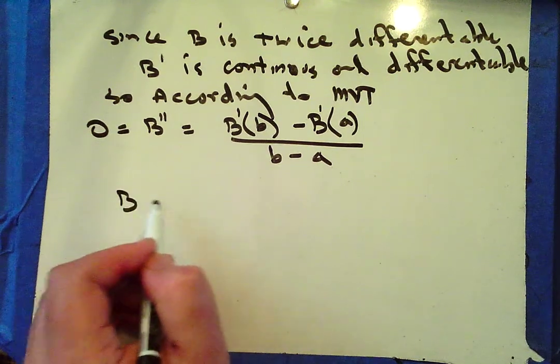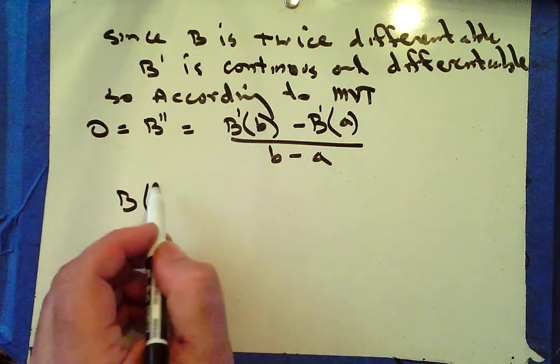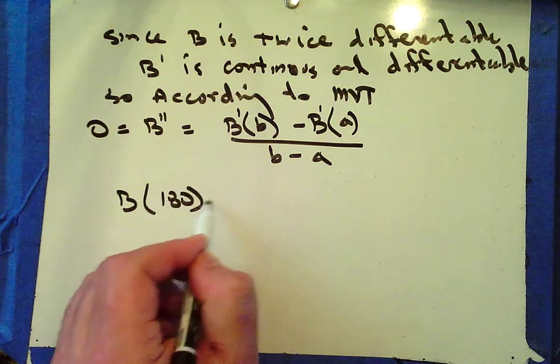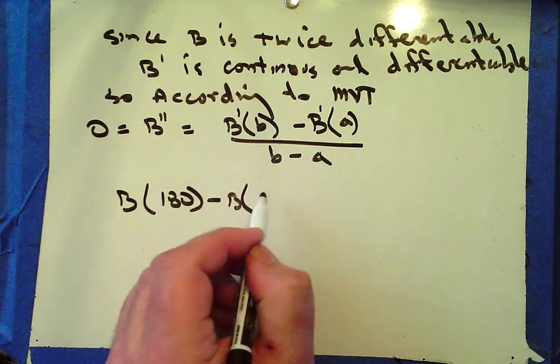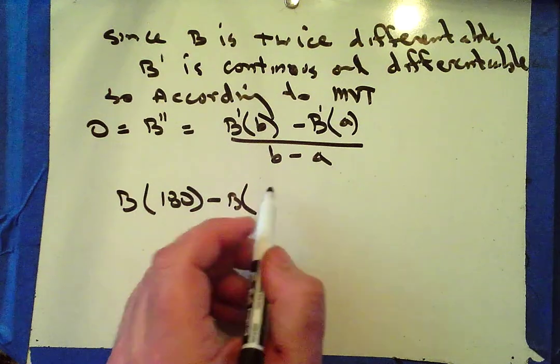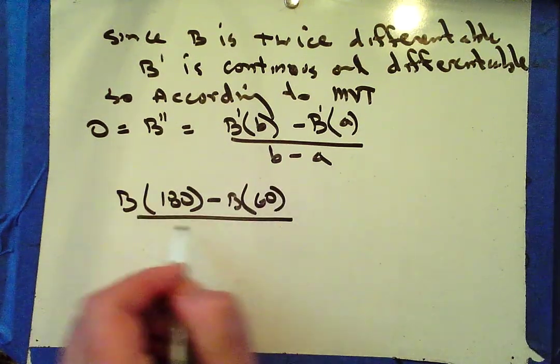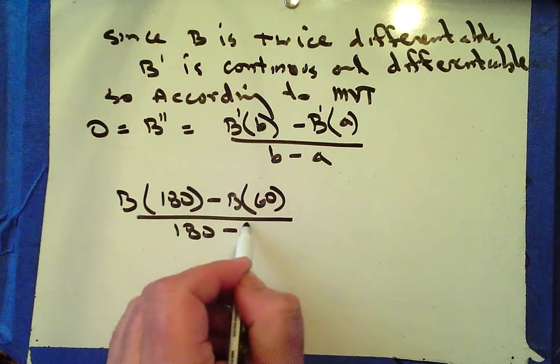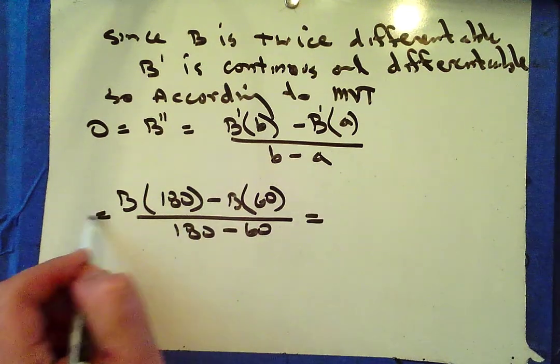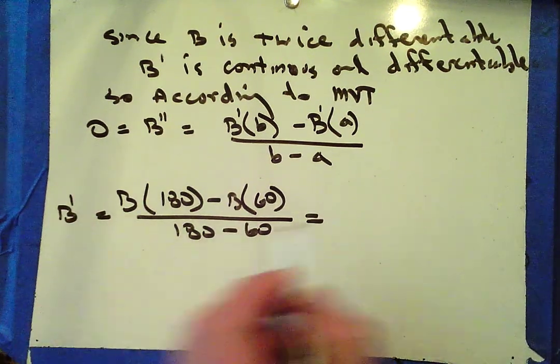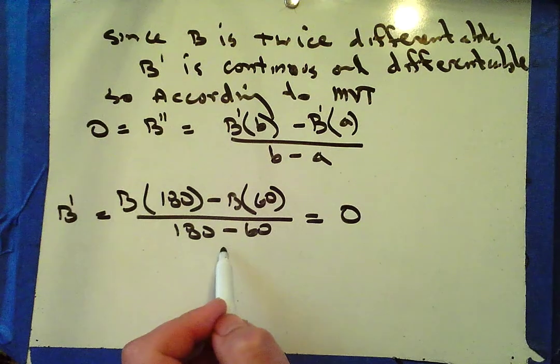If I look at the table and see that B of 180 minus B of 60 over 180 minus 60, that could be used to approximate B prime. I get 0 for that.